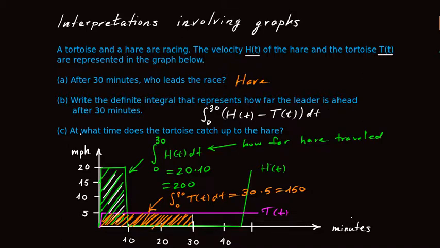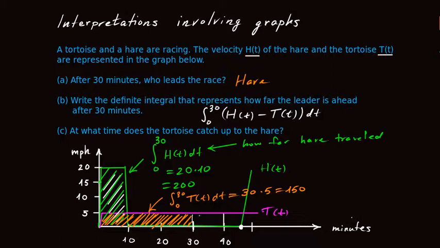Okay, the last question asks, what time does the tortoise catch up to the hare? Well, so far the hare only travels 200 in the first 10 minutes and then doesn't travel at all. So we just have to see if the tortoise can make it to 200 before the hare starts moving again. In fact, if you go up to 40, 40 times 5 is 200.